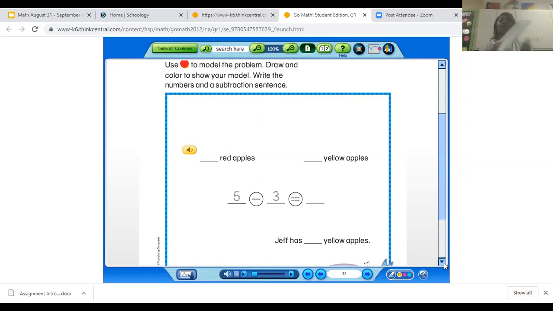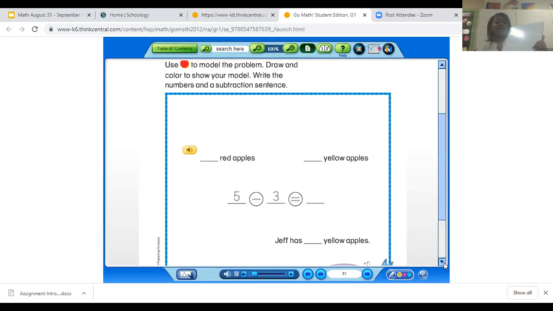So I'm going to draw these 5 apples on my board here. 1, 2, 3, 4, 5. He has 5 apples. 3 of those are red. So I'm going to write the letter R for red. 3 of those get the letter R to represent red. The rest are yellow. So these 3 are red.